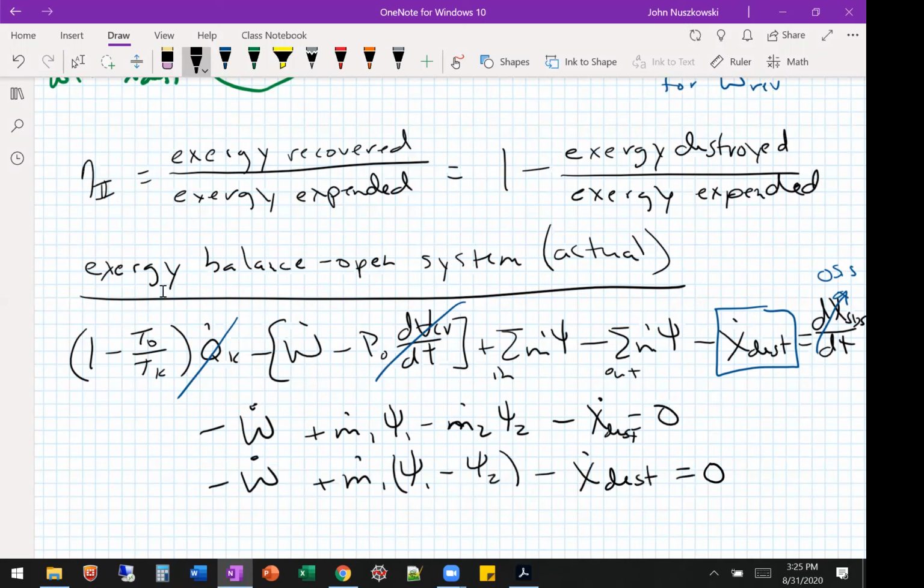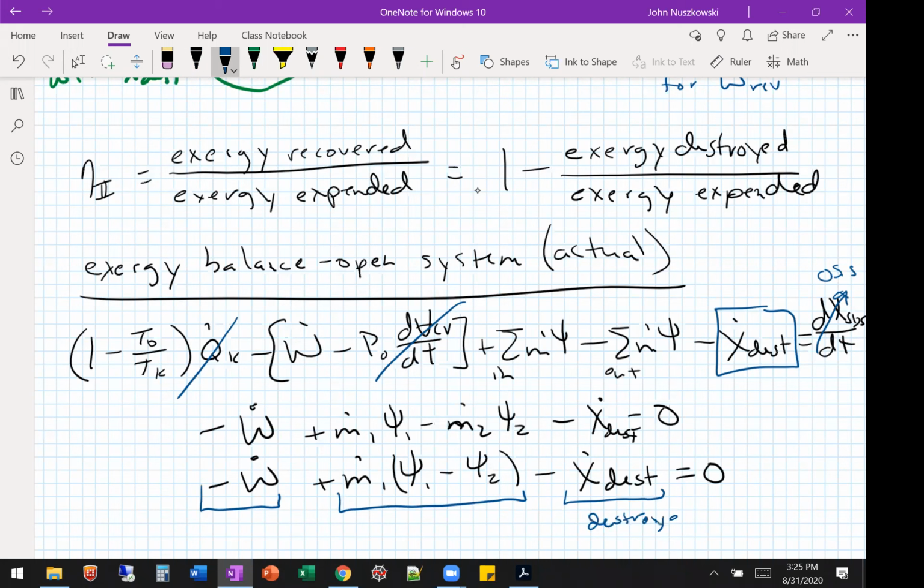And now we have 3 sections in this one. We got this, and this, right? And I'll take the easy one. This X destroyed is the destroyed, right?